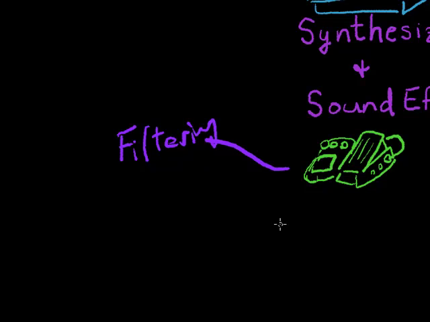And really, sound effects, I've divided them up into three main categories. The first is filtering. The second one I'm going to do will involve feedback of some type, and we'll look at that later. Feedback will involve both delays, modulations, stuff like that.